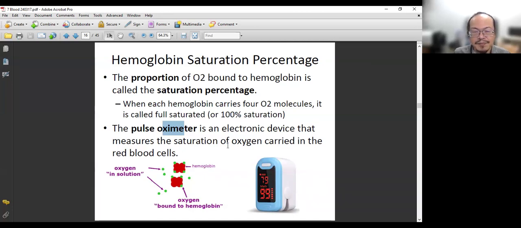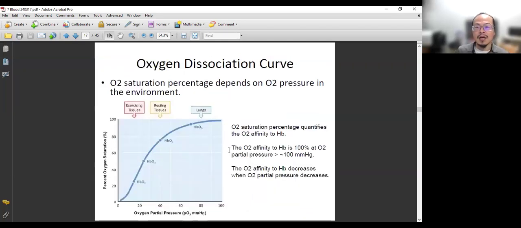Then the next thing I want to tell you is what determines the saturation percentage. This is what we are going to talk about. This is a curve we call the oxygen dissociation curve.